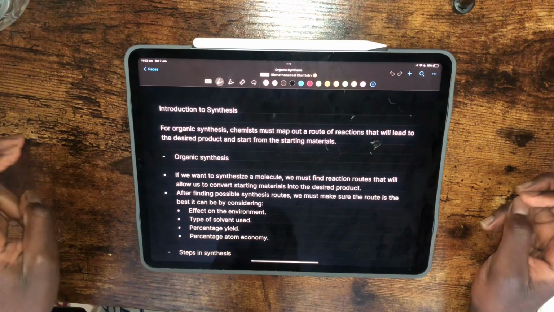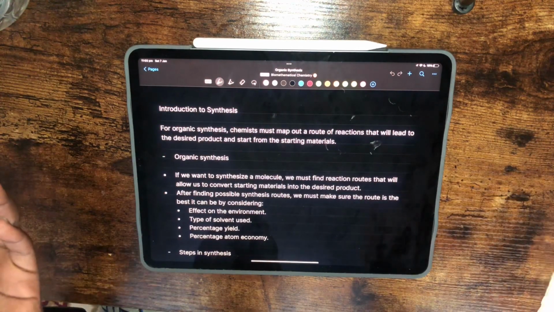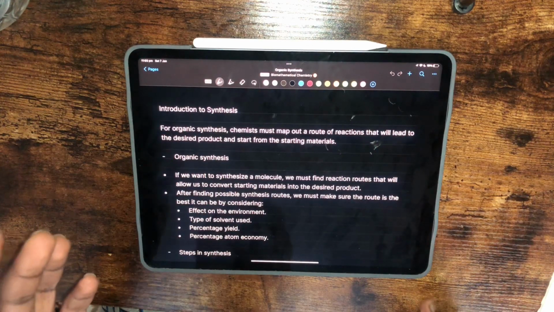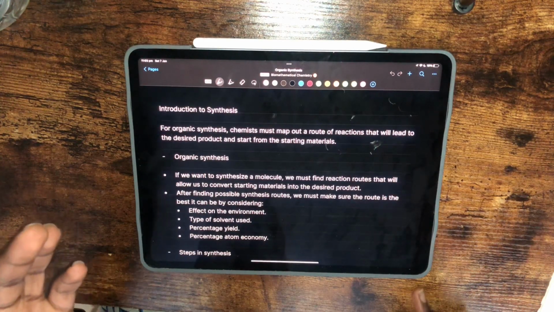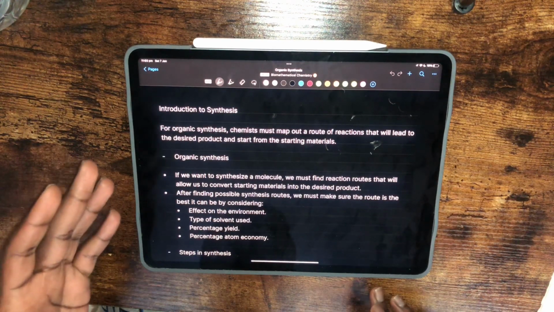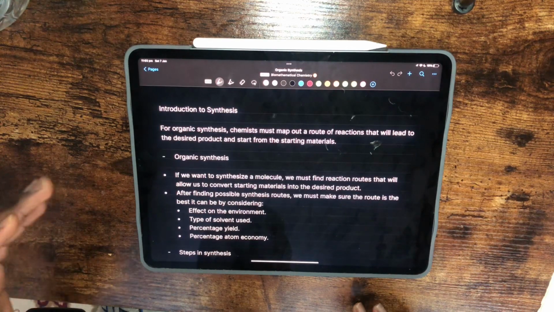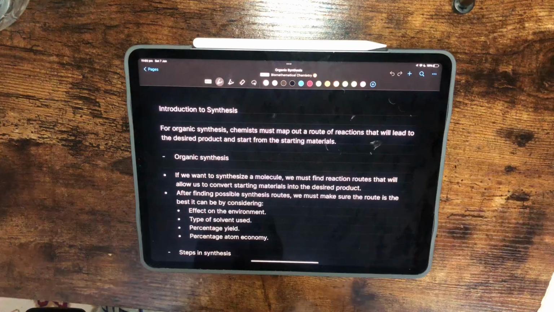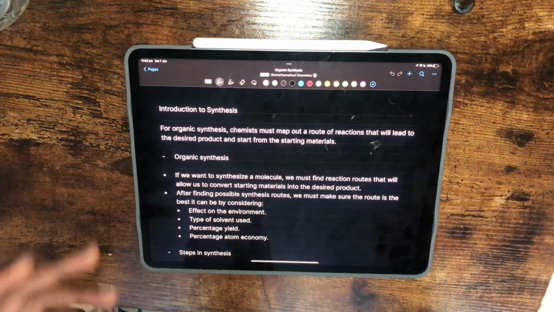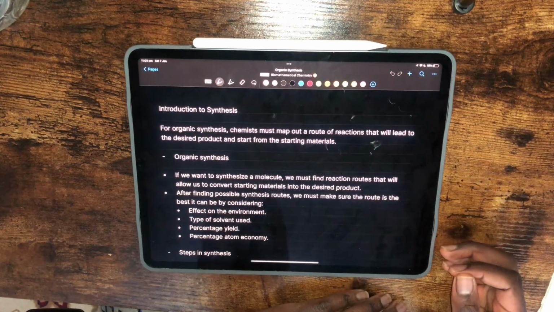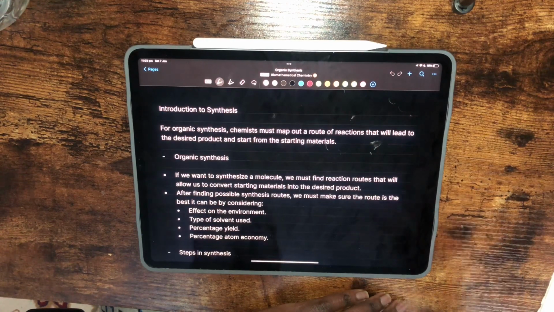One of the marking points might be: if you do it in fewer steps, you could increase your percentage yield because you have fewer waste products, so your percentage yield will be much higher. Things like that. It's just about explaining the points or memorizing some of the points that would be relevant to answering the question, or gaining the most marks.